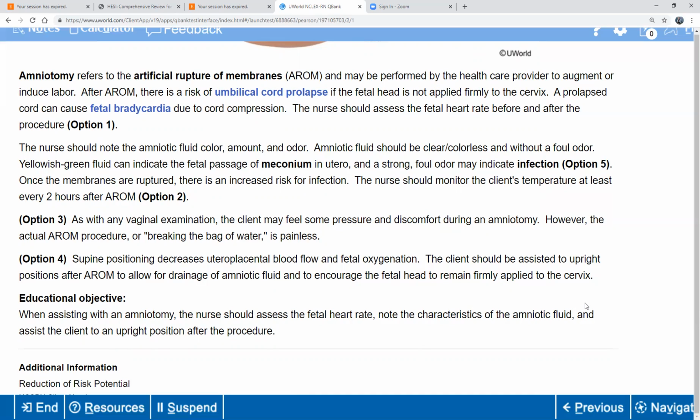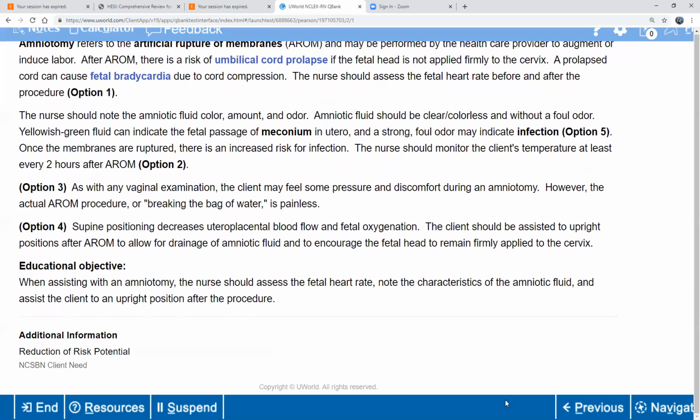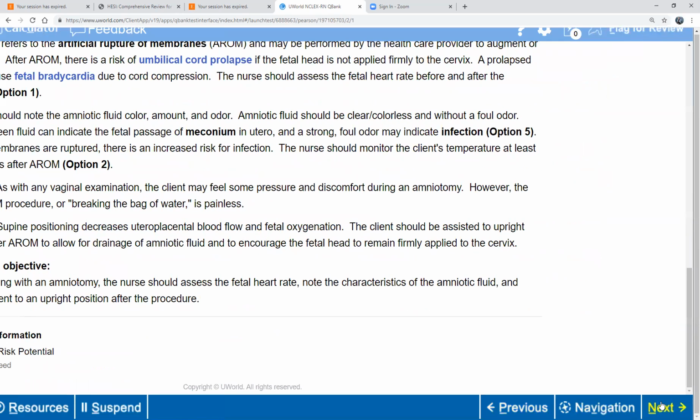All right, if it's greenish, then it's meconium. I guess they call it discomfort or pressure that some people may feel. On some other pages, you'll see it listed as a little bit of right-sided pain. But for testing purposes, they may not even ask you about it again. You might just see the other things.